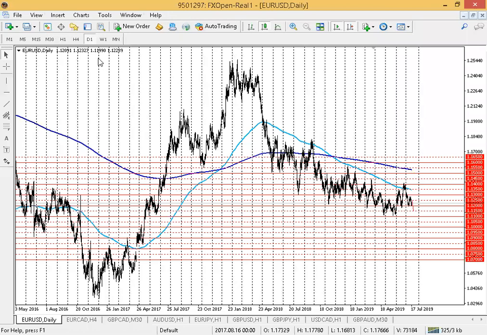Now, the trend is one thing that you need to understand regarding following the trend. It's very difficult for you to catch every single pip out of the market.